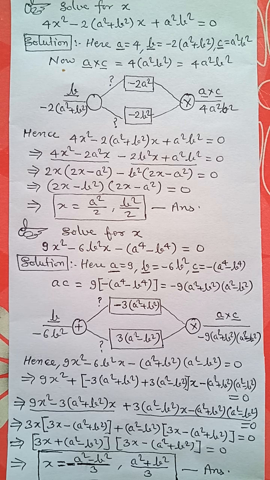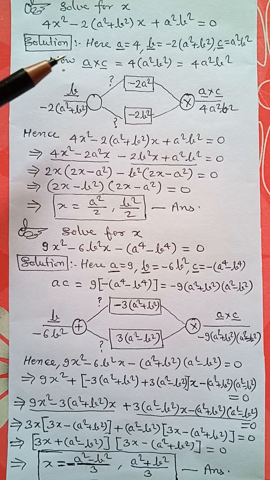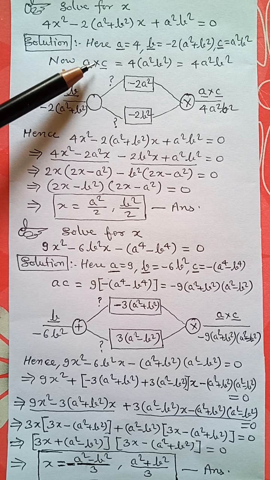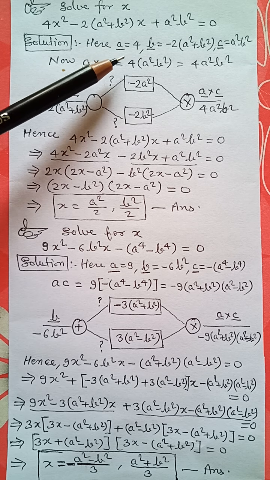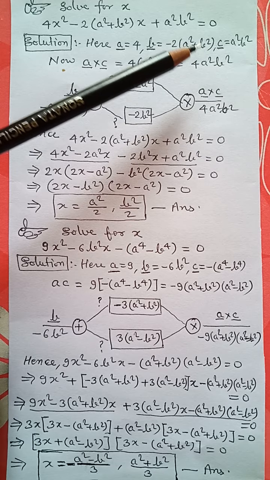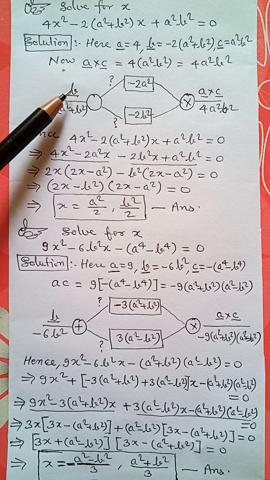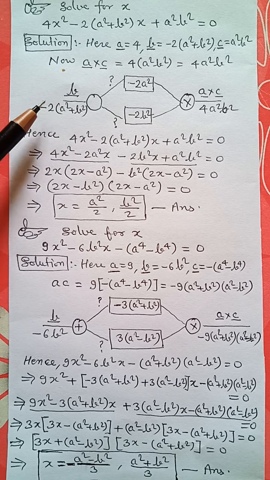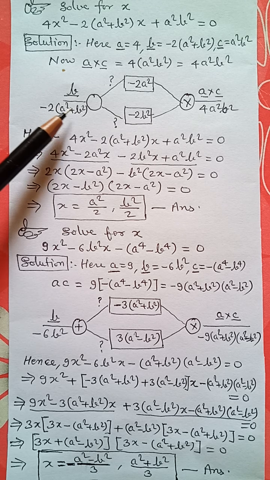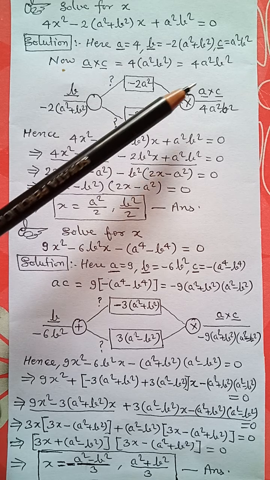Now let us find the product of a underscore and c underscore. A underscore multiplied by c underscore is equal to 4a²b². Now let us write these numbers in this diagram. Here this is the middle term, that is b underscore, −2(a² + b²).